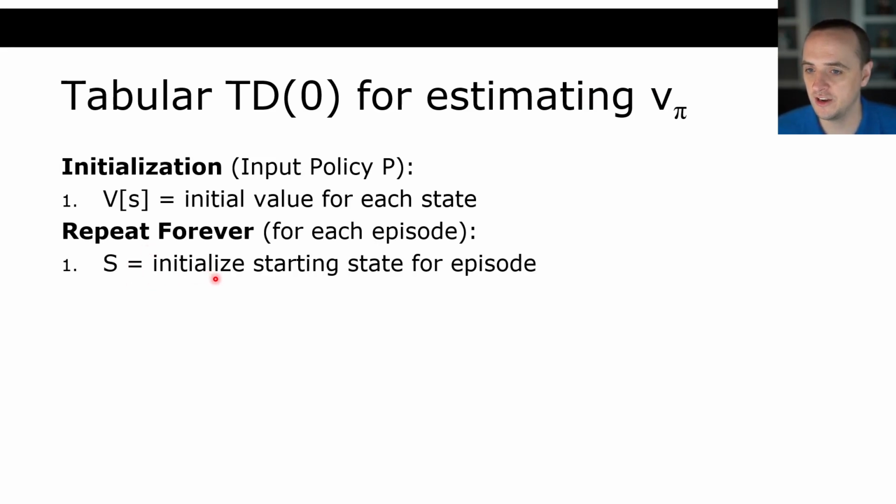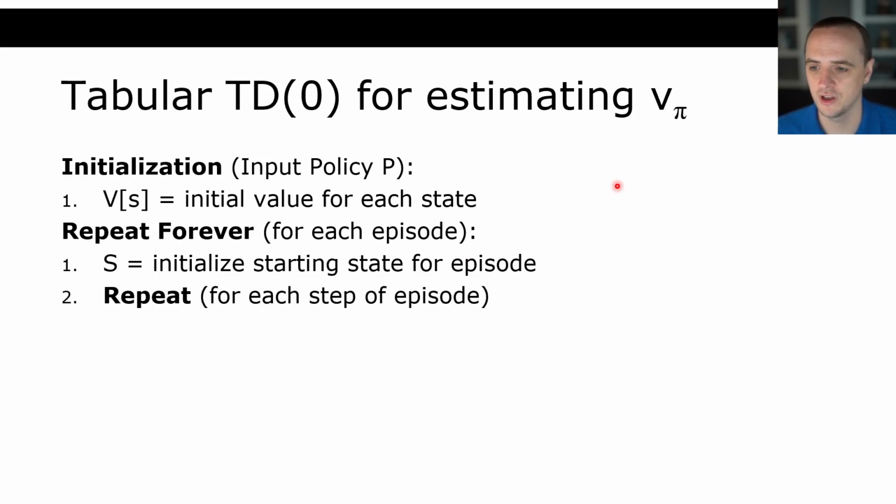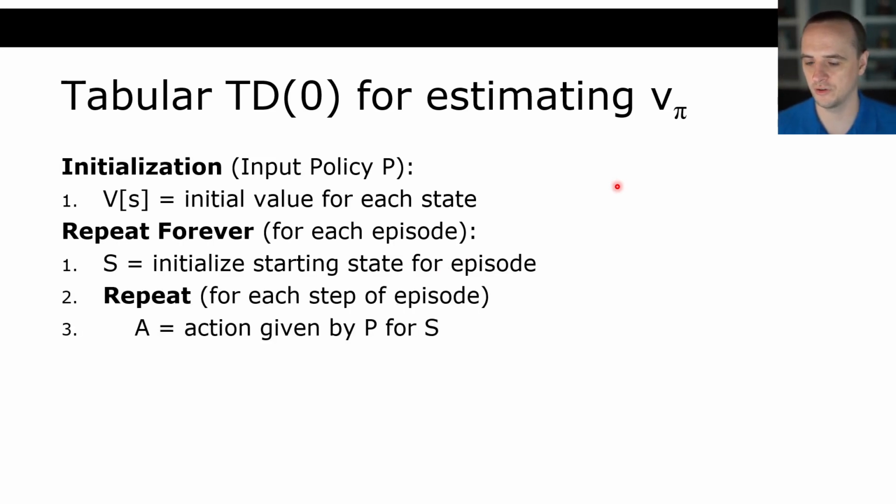We initialize the starting state for an episode, or we can also do this for continuing tasks. We don't necessarily need episodes. Then repeat for each step of the episode. A is the action that the policy says to take, so we look up our policy and get the action. S prime is the next state.